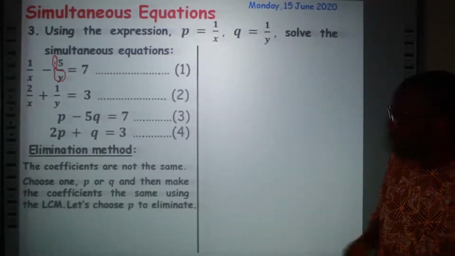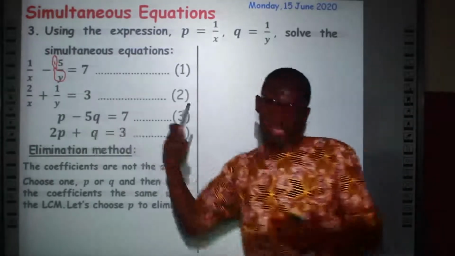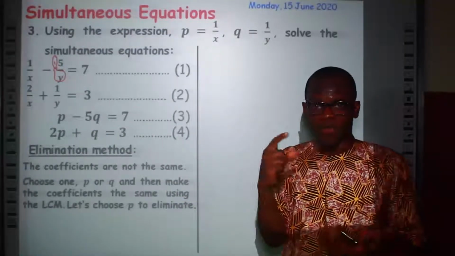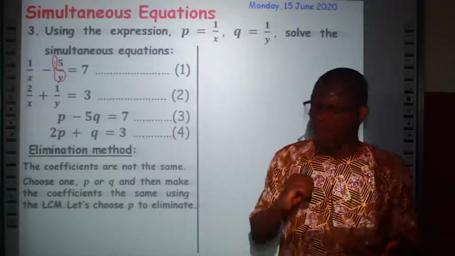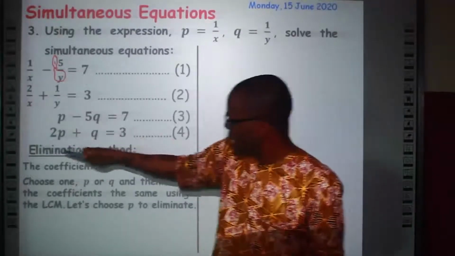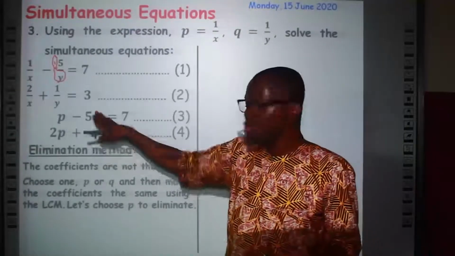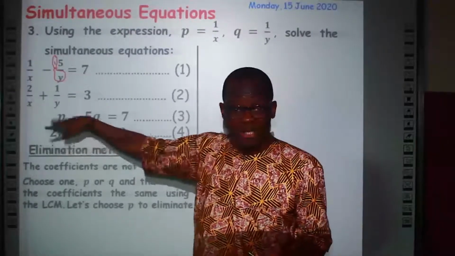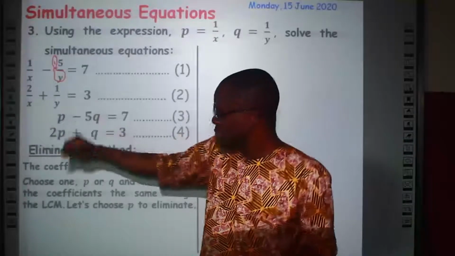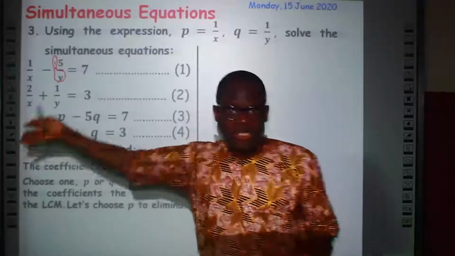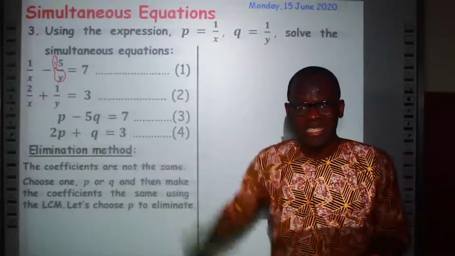Now I've decided to go for P. And like I always say, you go for the variables with the smaller coefficient. So you've got a 1 there, a 2 there, a 5 there, and a 1, so that's bigger. That's why I decided to drop that and rather go for this, because this will give you a smaller LCM. So if you've got a 1 and a 2, what's the LCM of 1 and 2? The LCM of 1 and 2 is simply 2.